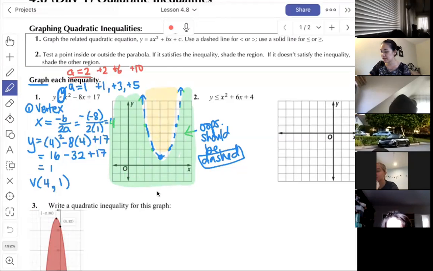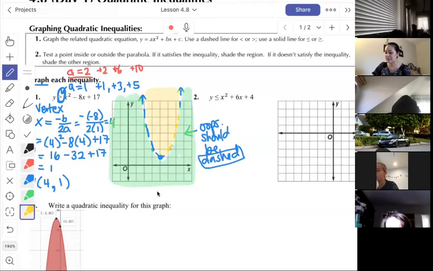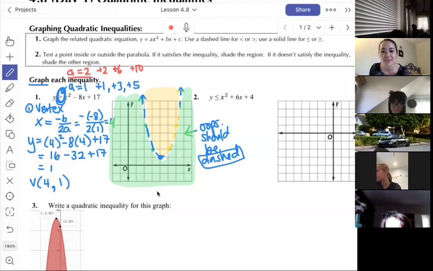So now the question is, which one do you think I'm going to keep for greater than? The inside of the parabola or the outside of the parabola? What do you guys think? The yellow or the green for greater than? What makes more sense to you?